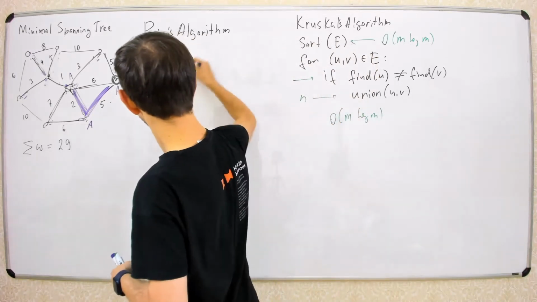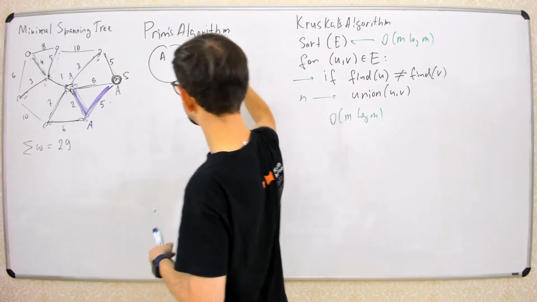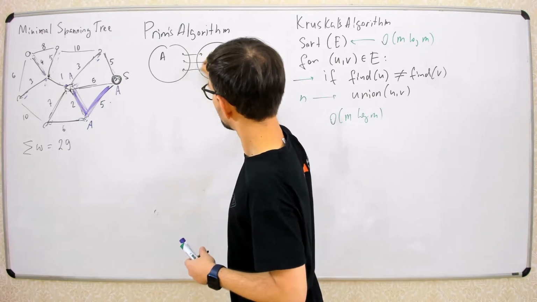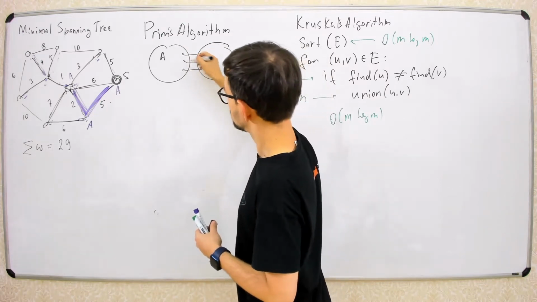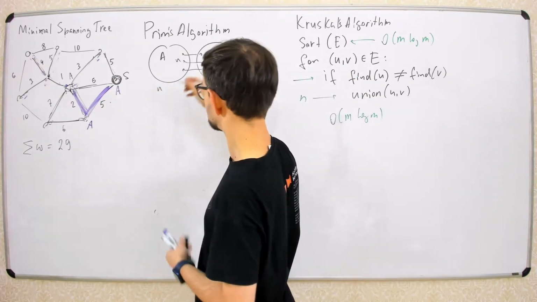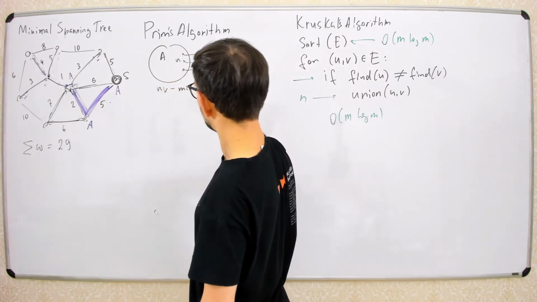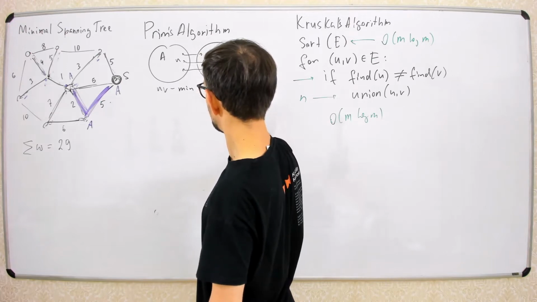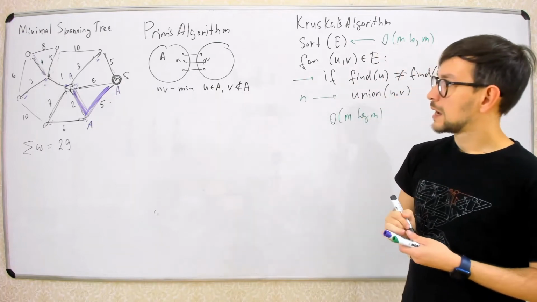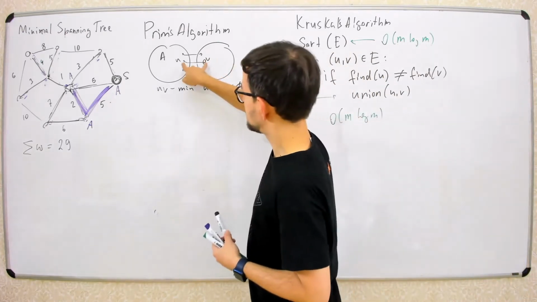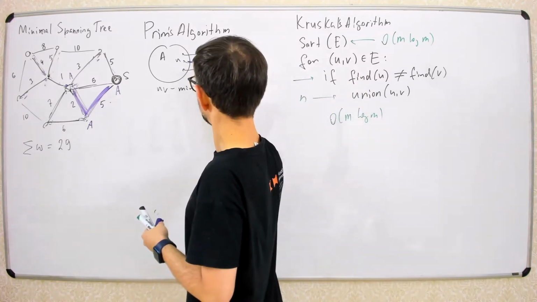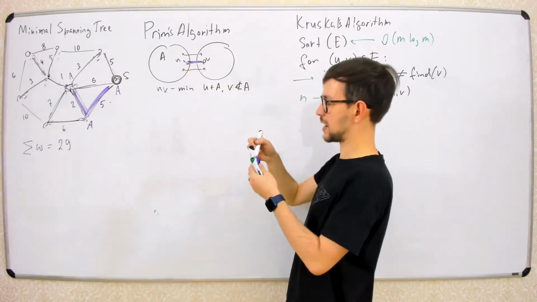We look at all edges here and find the minimal edge such that u belongs to A and v doesn't belong to A. And we add this edge to the spanning tree and now move this v to set A.